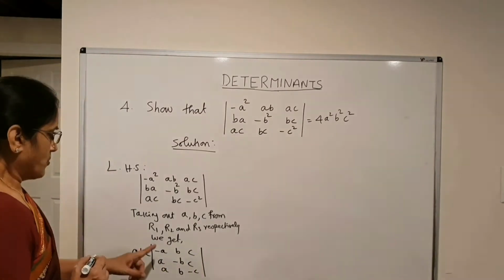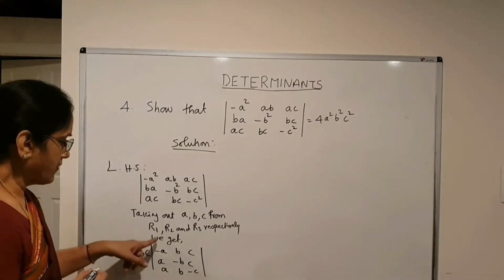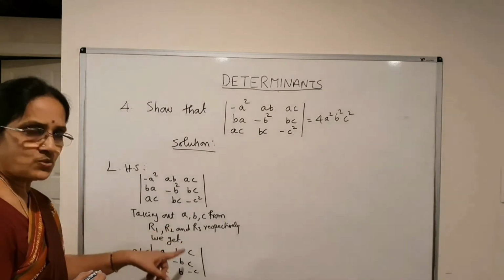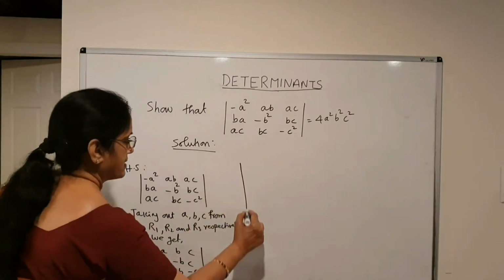Now, by just seeing you can easily make out, I can take out a from C1, b from C2 and c from C3. So what will I be getting?